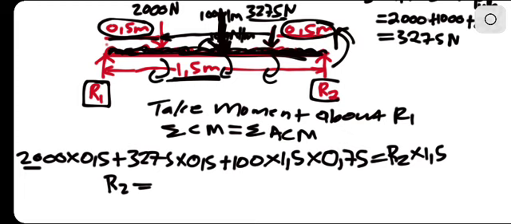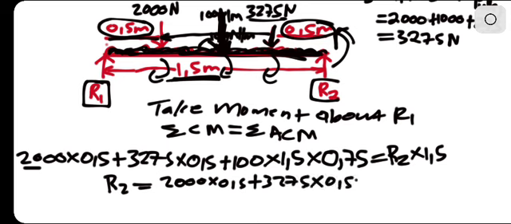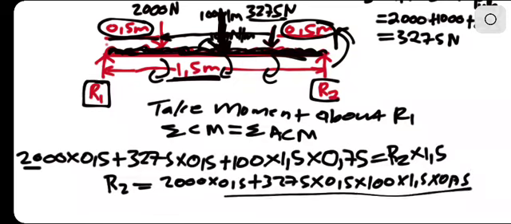Let me just show you. 2000 times 0.5 plus 3275 times 0.5 plus 100 times 1.5 times 0.75, divide this by 1.5. So what are you going to have here?